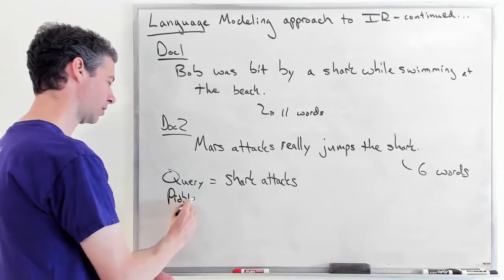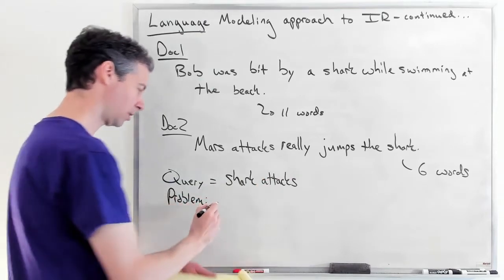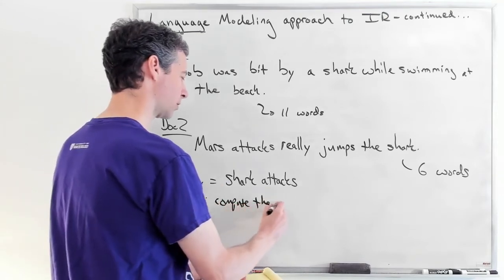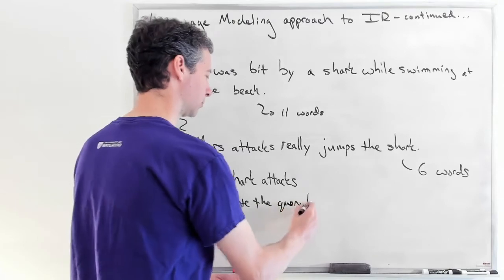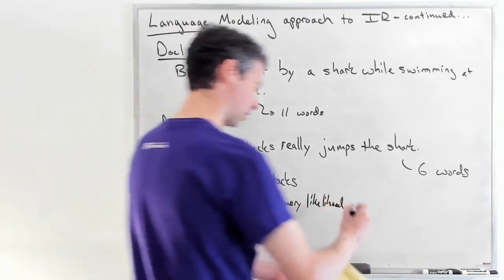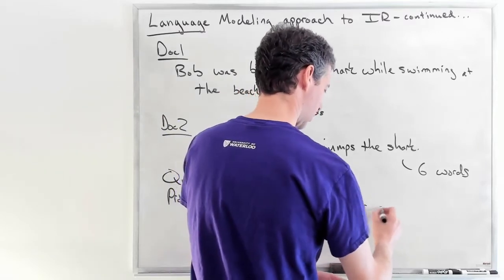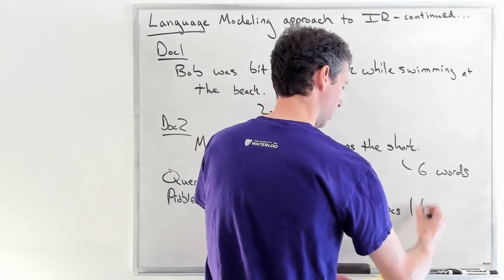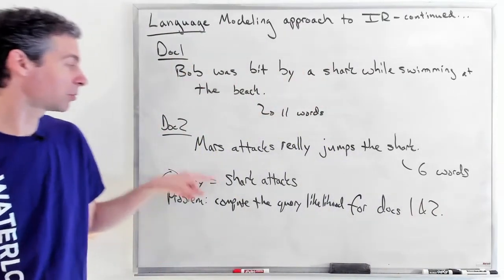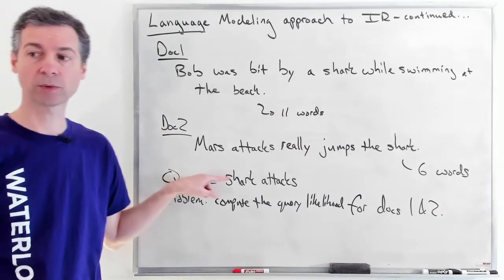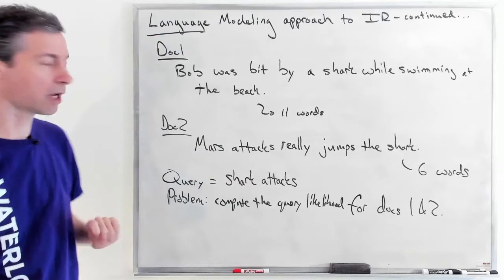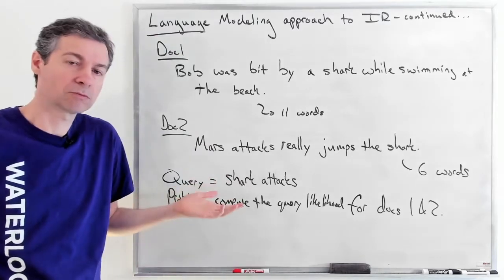The problem being posed to you is to compute the query likelihood for docs 1 and 2. So we've got this query, and we want to compute the likelihood of this query given document 1, and then the likelihood of this query given document 2. Shouldn't be a problem.